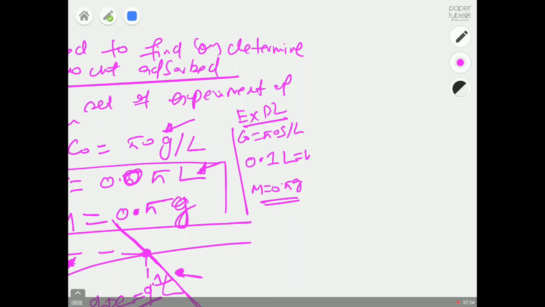So what will be this? Then again you have to take the slope value, minus V by M, that should be equal to minus 0.1 by 0.5, so that will be equal to minus 0.2.